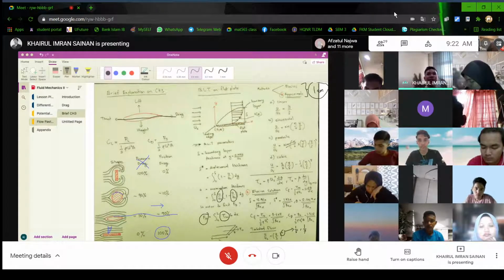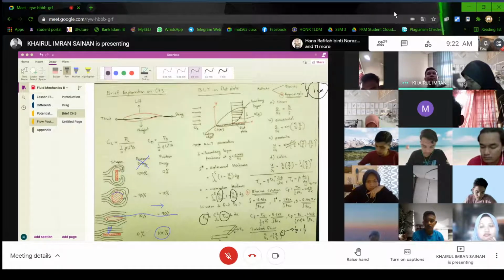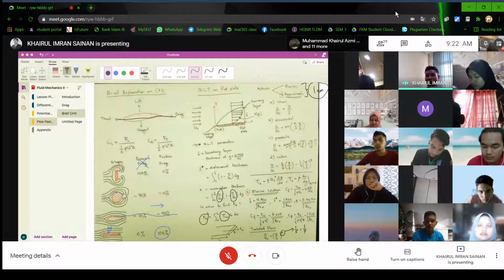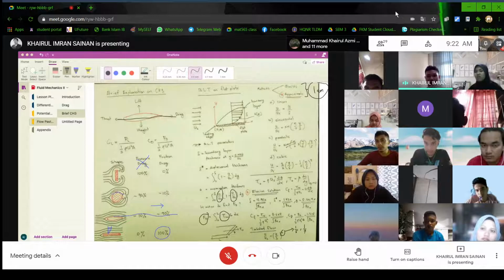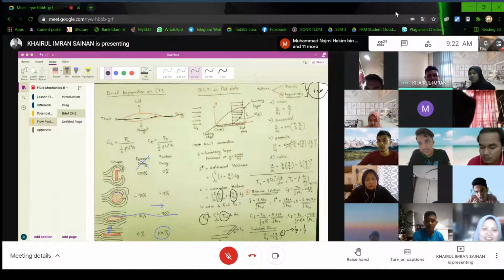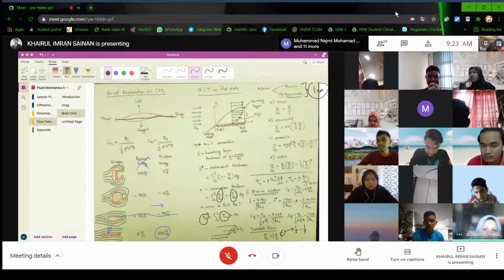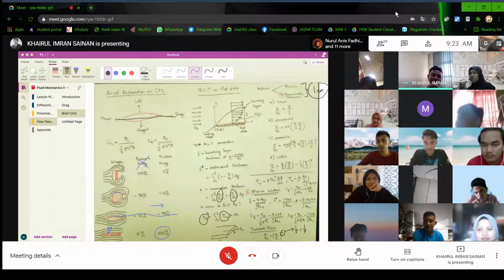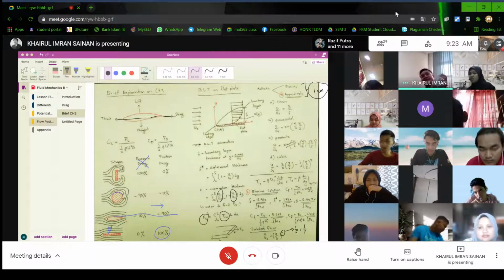Let's say this equation is only valid for the automotive industry, because the car's highest velocity is perhaps how much? How fast do you usually drive? 80? Maybe the fastest is 180 km per hour.